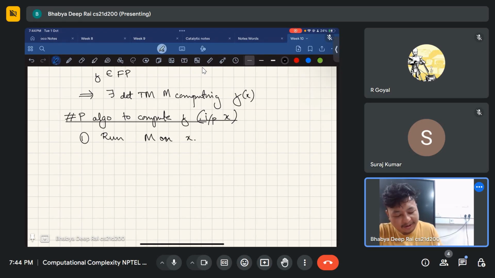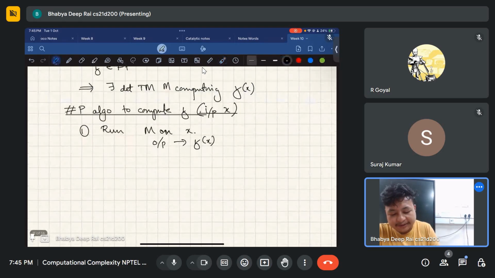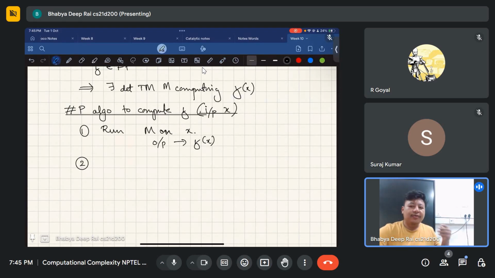What is the output? The output is f of x. When you run M on x, by the definition of M, it computes f of x. And why does it compute f of x? Because f is in FP. Now, what is the next step?